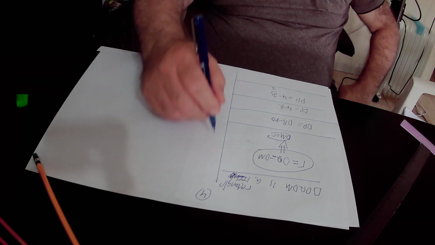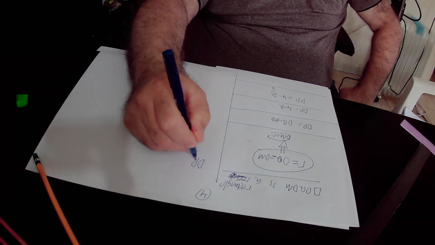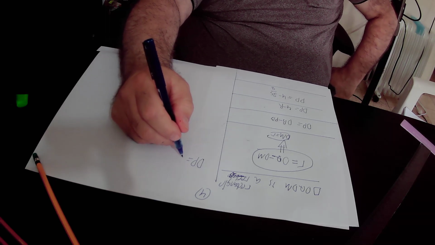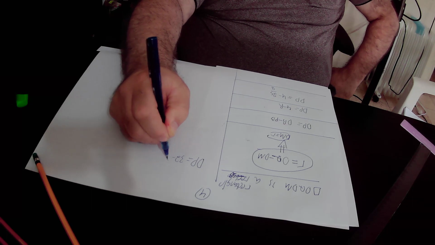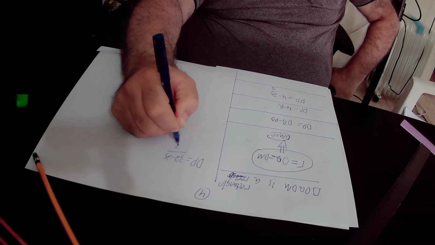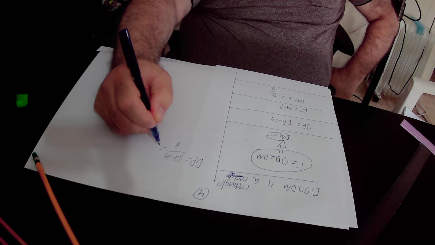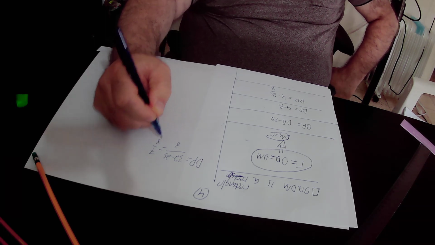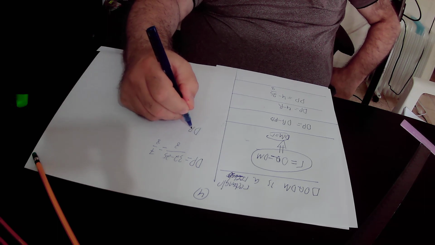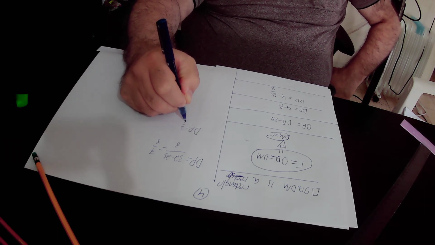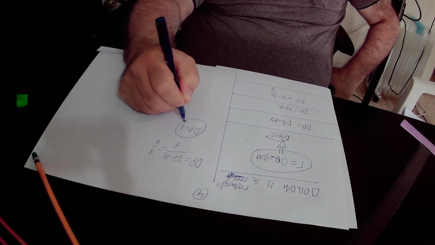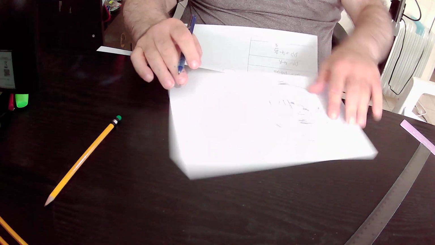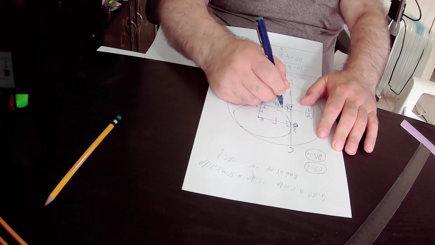And we get that DP equals 32 over 8 minus 25 over 8. 32 minus 25 is 7, so in conclusion we found out that DP equals 7/8. Here DP equals 7/8.